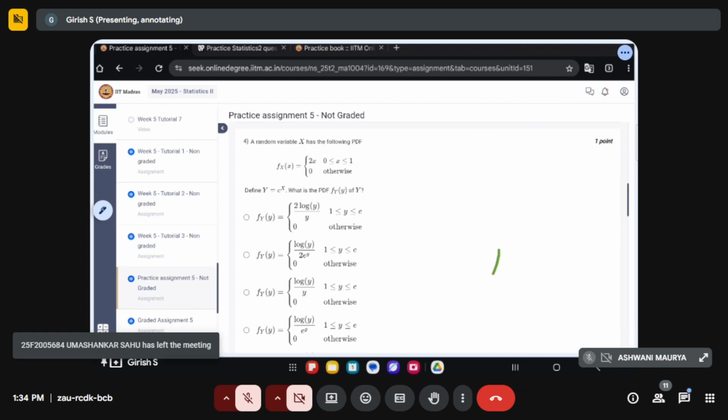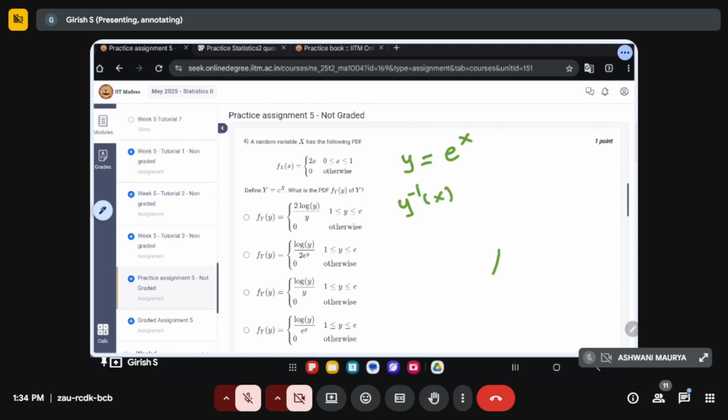What does that formula say? We have y is equal to e power x, then the inverse of x will be ln of x. So simply, I can say g inverse of x is equal to ln of x.